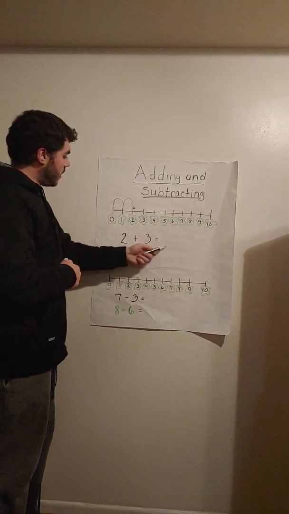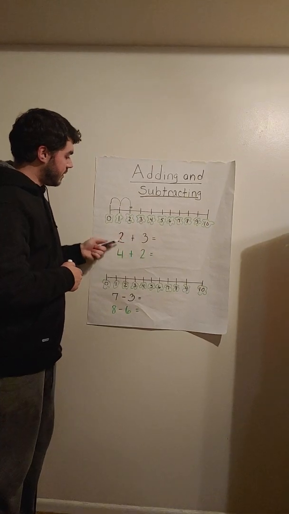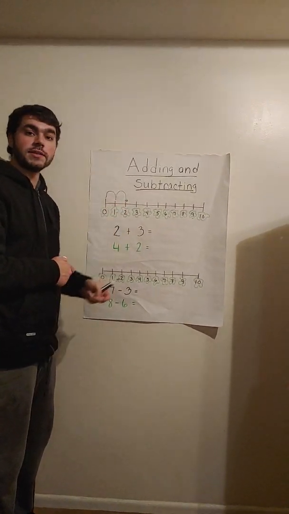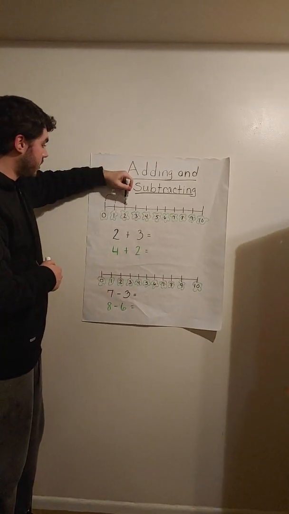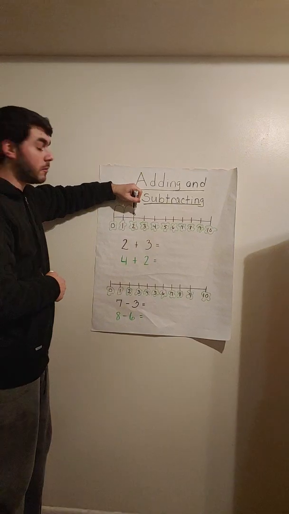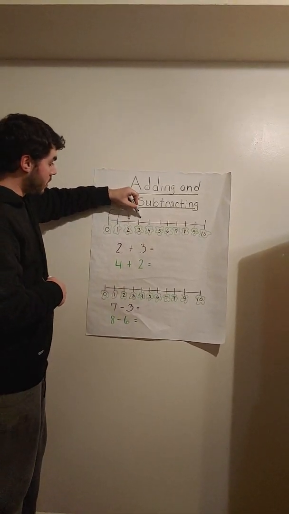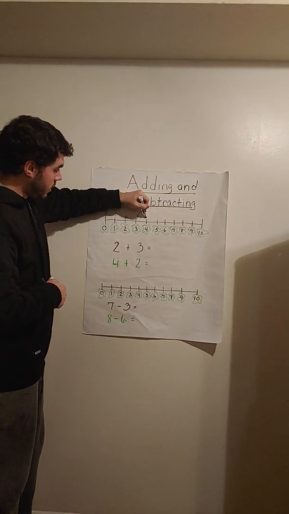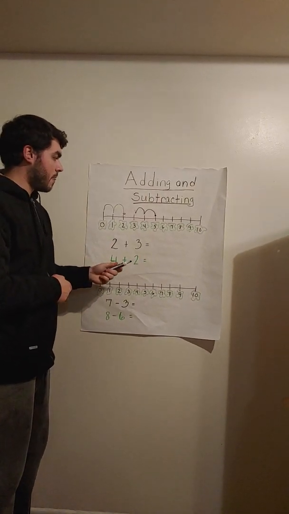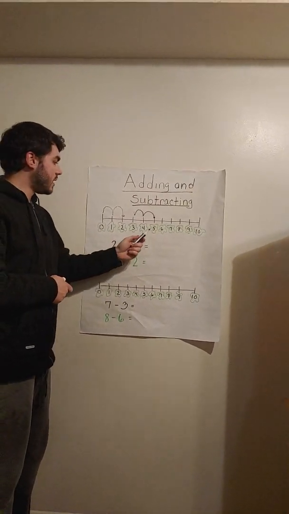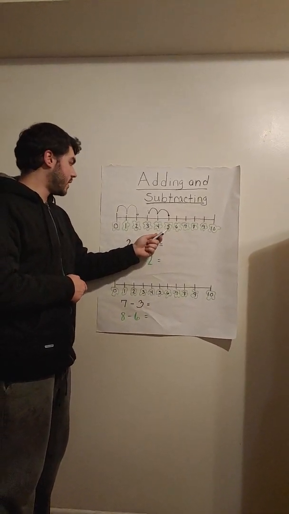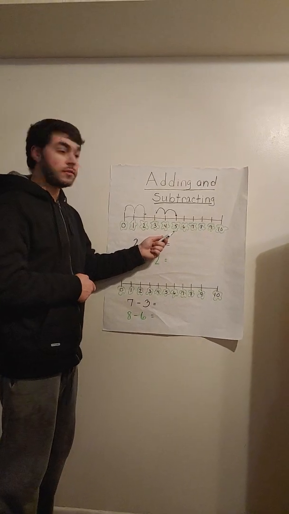But wait, this means that our frog has to jump by 3 more lily pads. So, we're going to start from our frog here, and we're going to count by 3 more. 1, and a 2, and a 3. So now our frog is here. But what is here? Which lily pad is the frog on? It looks like the frog is on the 5th lily pad.